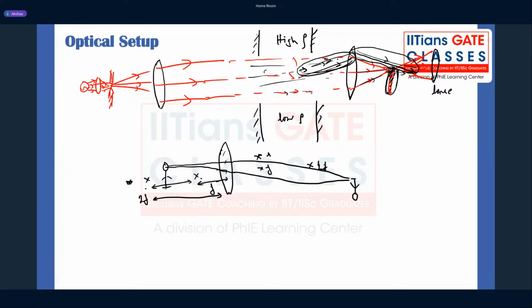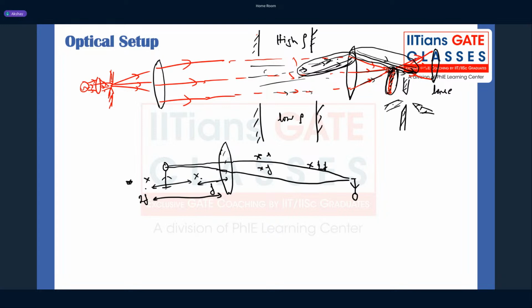And depending on the direction in which you keep the knife edge, you can cut either in this direction or in this direction, or in this direction or this direction.